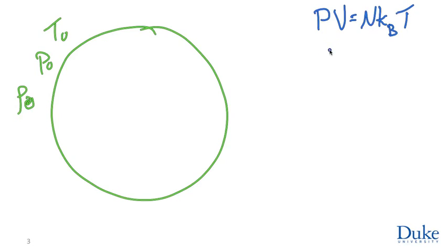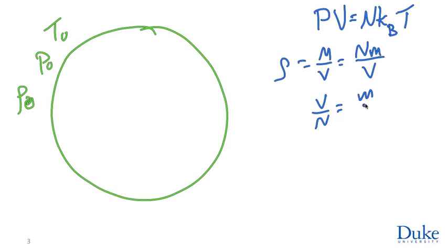And if m is the mass of a hydrogen atom, then since the mass divided by the volume is rho, and since the mass in a given volume is the number of particles times the mass of a hydrogen atom, I can relate N and V to rho, and I find that V divided by N, which is the quantity that enters into here, is simply m divided by rho.